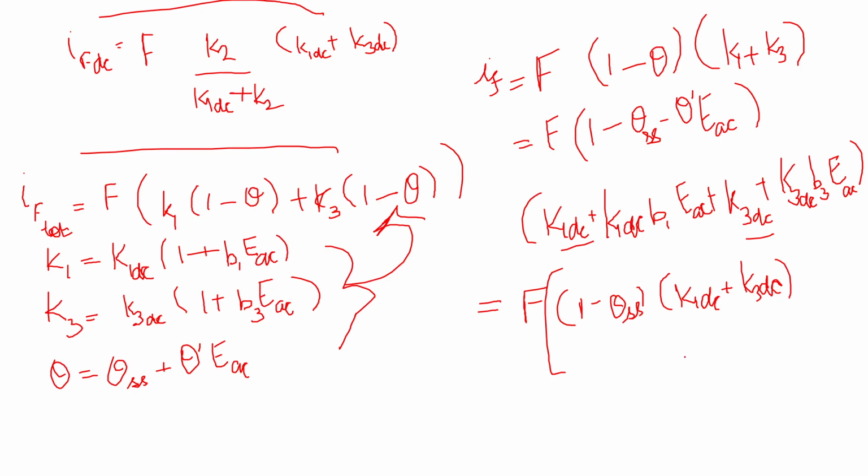Similarly, this one, minus theta dash EAC, into K1 DC plus K3 DC. I'm just taking out those terms in which only constants are involved inside the second bracket, K1 DC plus K3 DC. Now the other terms inside that second bracket will be multiplied by those in the first bracket. That means K1 DC B1 EAC and K3 DC B3 EAC will be multiplied by 1 minus theta SS.